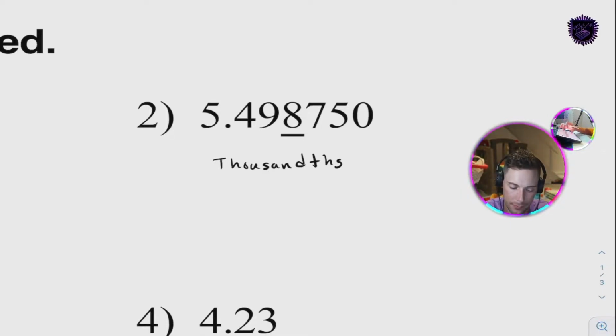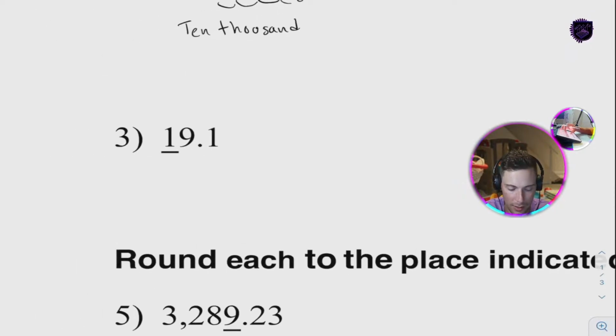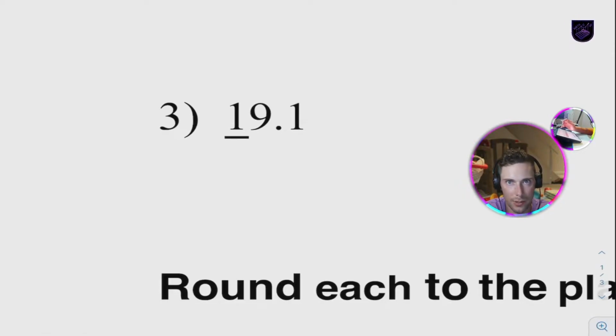Thousandths. Question number 3. Now, question number 3 is not a big number at all. There is the decimal place right here, of course, and we're going to go ones, tens. The place value of this question is tens.